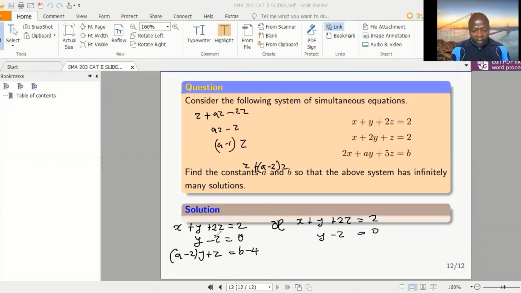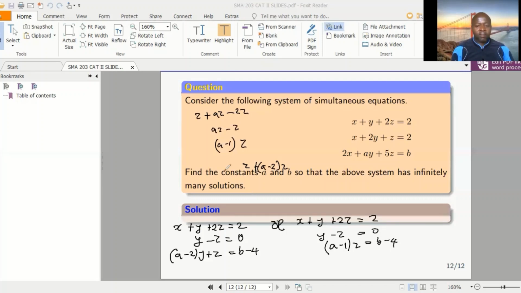That's it. So what I do is multiply this by m minus 2 and then subtract the result from z, coming up with m minus 1. We write it properly, m minus 1. And then multiply this by m minus 2 there, and subtract the result from this, and get b minus 4.